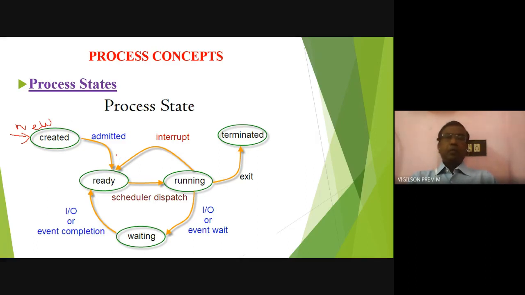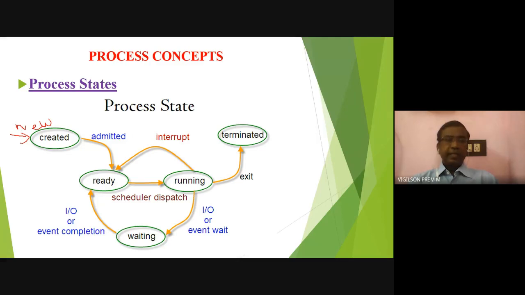Once the process is created, the operating system will check whether it is a legal process or not, whether the process can be executed or not, whether all the required resources are available or not. Many checks will be done by the operating system. Once all checks are passed, only then will it be admitted.